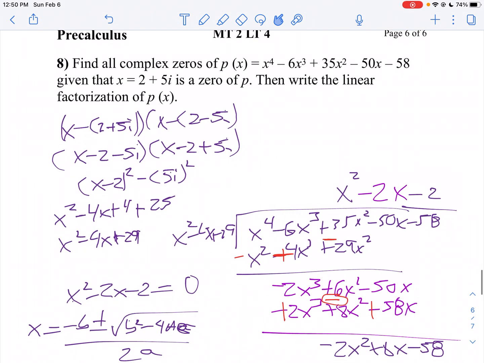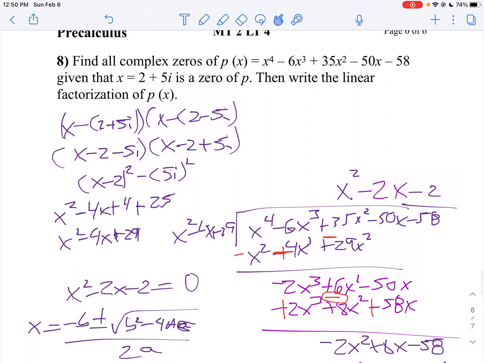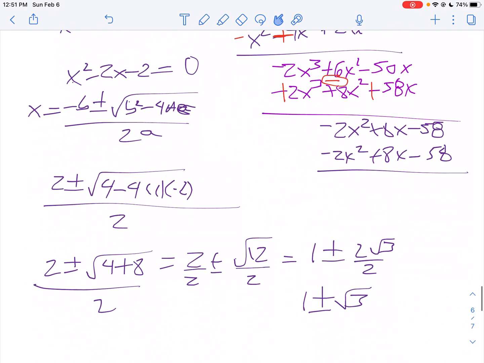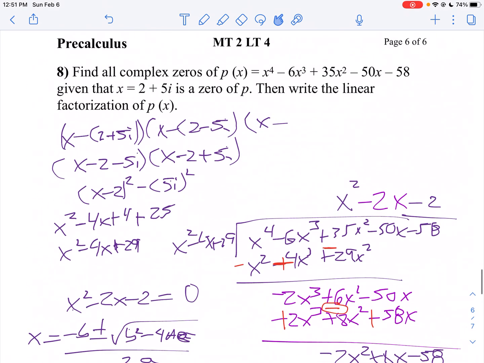So I know I started it off up top. I've got x minus 2 plus 5i, x minus 2 minus 5i. I'm going to multiply that by x minus 1 plus or minus the square root of 3.